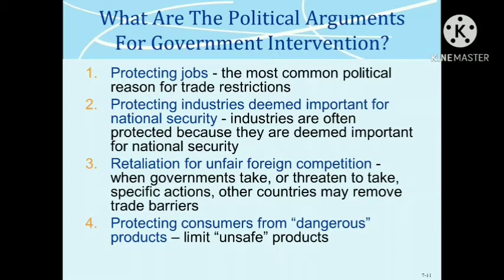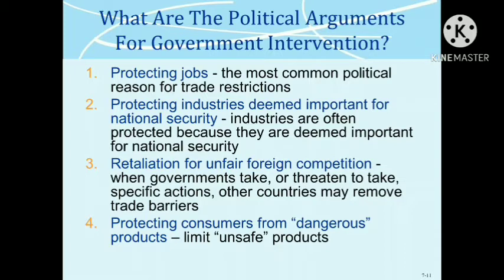Next is protecting consumers from dangerous or unsafe products. So many governments have long regulated this to protect consumers. The indirect effect of these regulations is often to limit or ban the importation of such products.